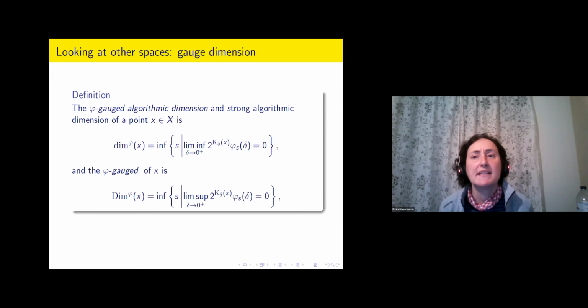Actually, what happened is that I think before this paper, dimension was defined always for the standard gauge function, delta to the s, and I think in this paper it was extended. So for any separable space, you define effective dimension and you define effective gauge dimension.